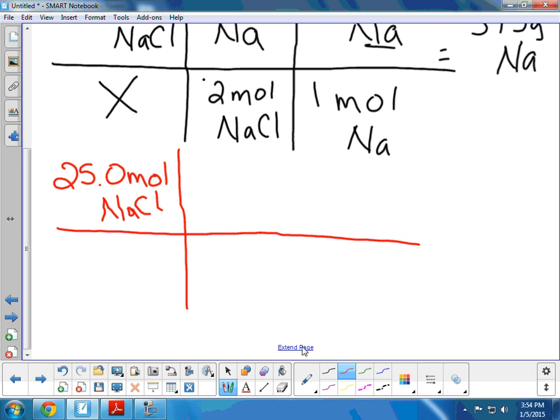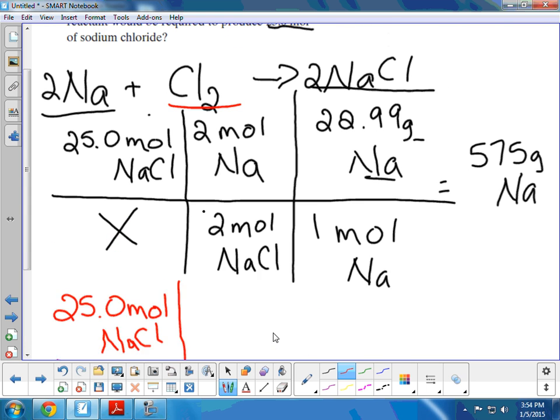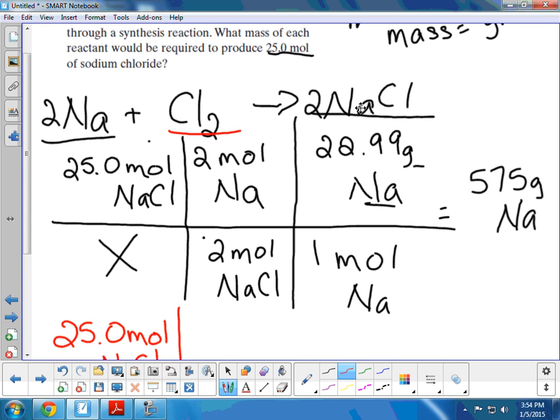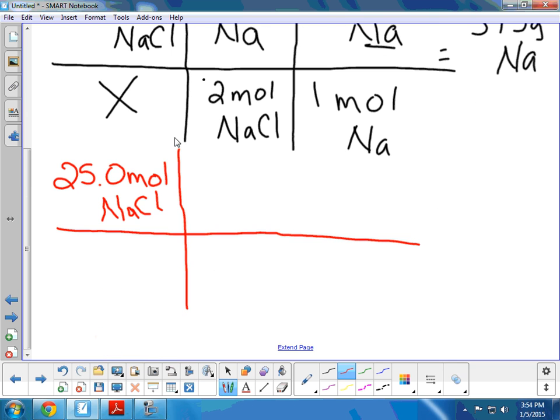I still have to do a mole ratio. So if I go back to my equation, for every 2 moles of NaCl, I produce 1 mole of chlorine gas. This is this box. I have 2 moles of NaCl, and I only have 1 mole of Cl2.